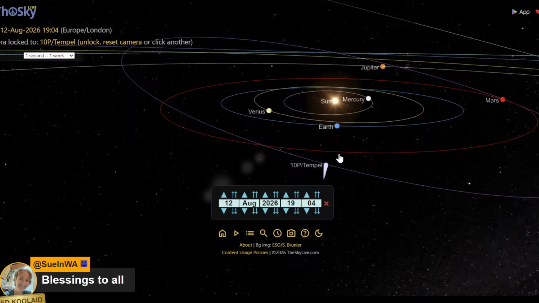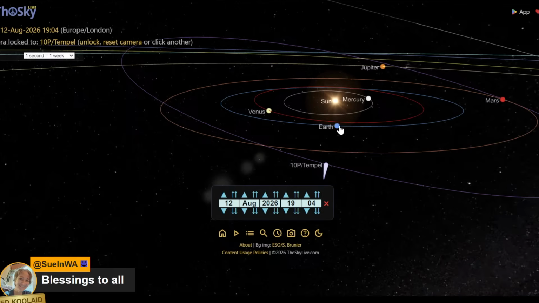Because you can also filter out what you want to look at. You don't have to look at just this comet. We can add all the comets that are visible right now, or even in our solar system. We can eliminate all the planets but Earth. We can make it real size. Okay? If I was to make this real size, you wouldn't see any of these planets. You would just see their orbits. This is not representative of actually how big the Earth is. The Earth is just a dot.